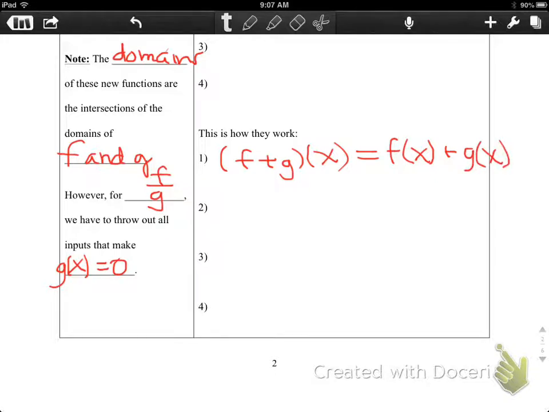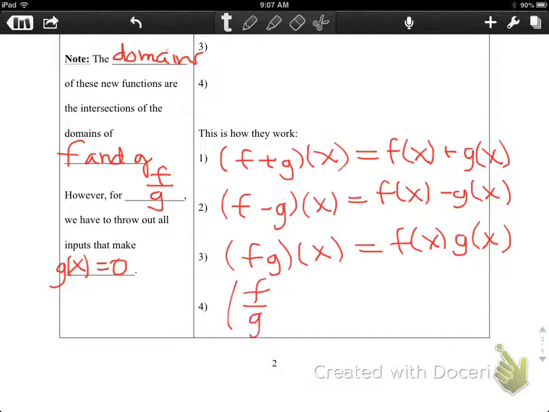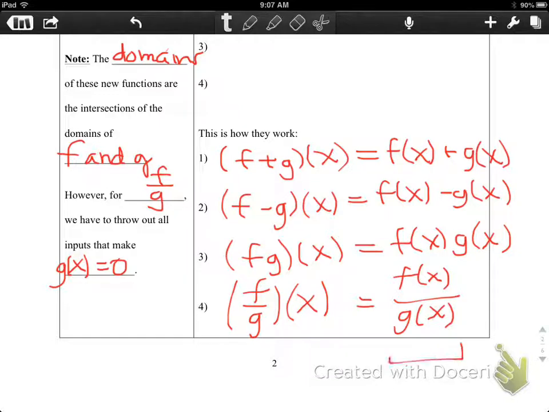You can see it both ways, so I want you to get used to seeing it both ways. f minus g of x is the same as f of x minus g of x. f times g of x is equal to f of x times g of x. And f divided by g of x is equal to f of x divided by g of x. Again, remember for this function in terms of domains, you need to find where g of x equals 0, because those values will not be in your domain.